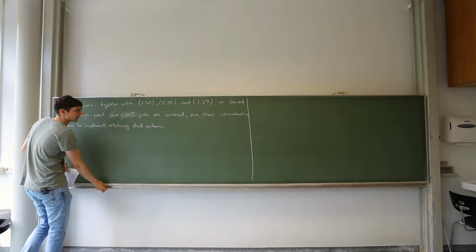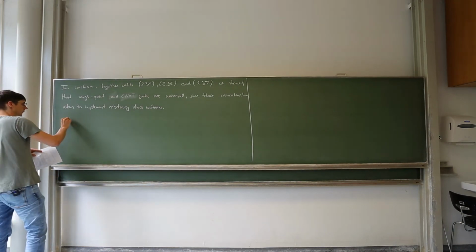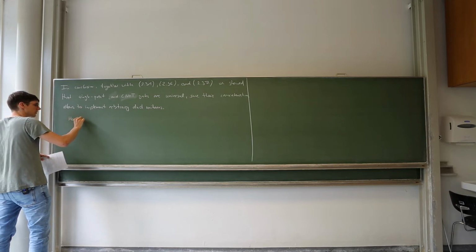But we can now ask how many of these unitaries do we actually need? So how many gates are needed?